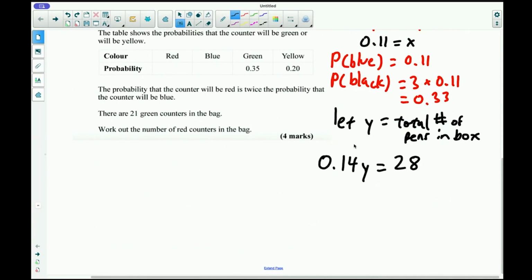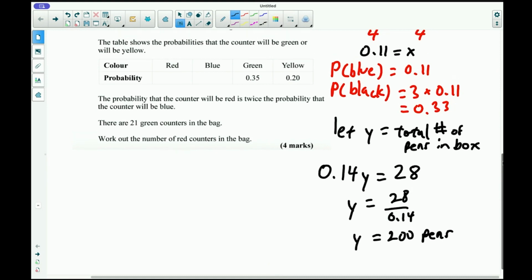So 0.14y has to equal 28. And let's divide both sides by 0.14. So we get y is equal to 28 divided by 0.14, and we end up getting y is equal to 200 pens. So there are 200 pens all together in the box.